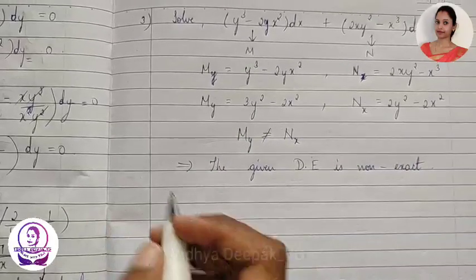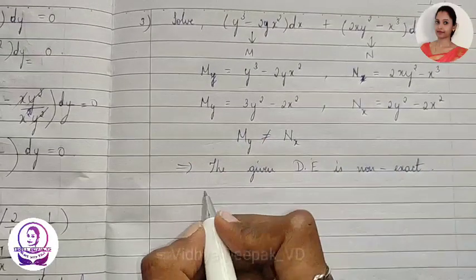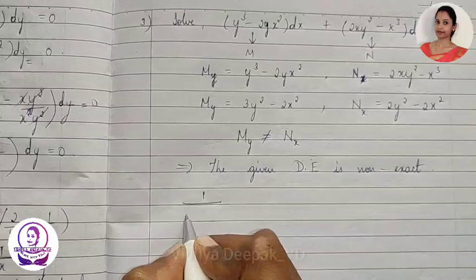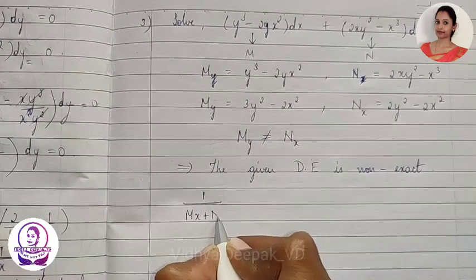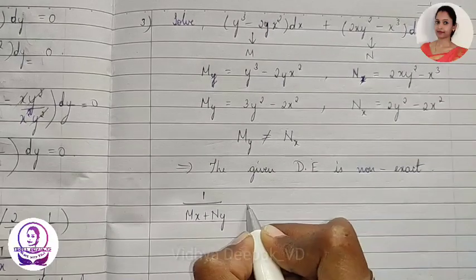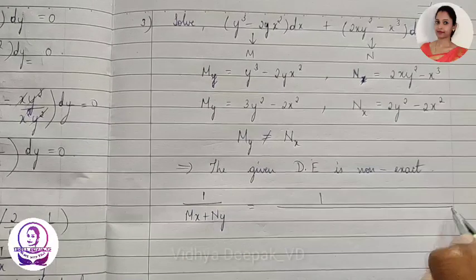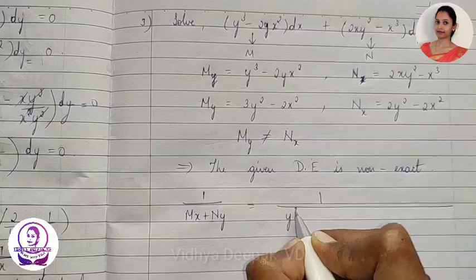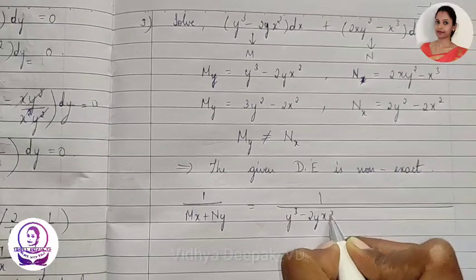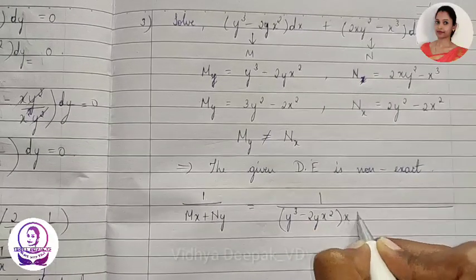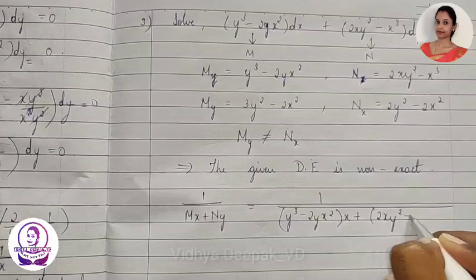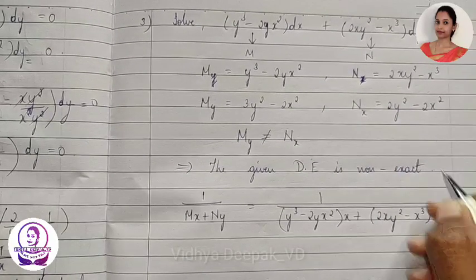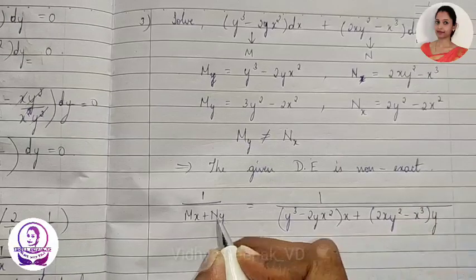Yes. So here, since it is non-exact, we have to find an integrating factor, right? So the first method we are using is 1 by M into x plus N into y. What is M? (y³ - 2yx²) into x plus what is N? (2xy² - x³) into y.